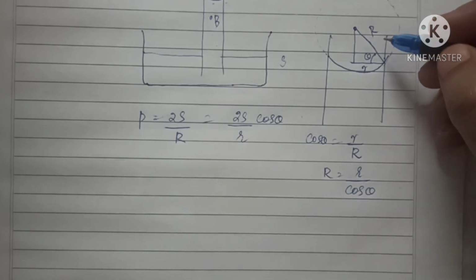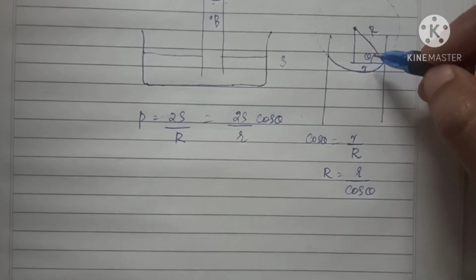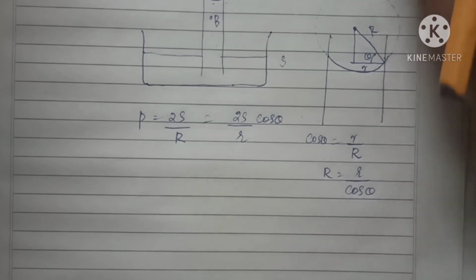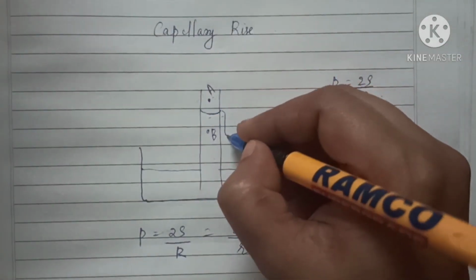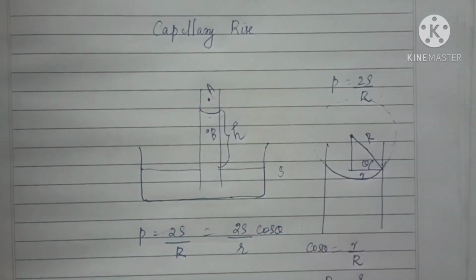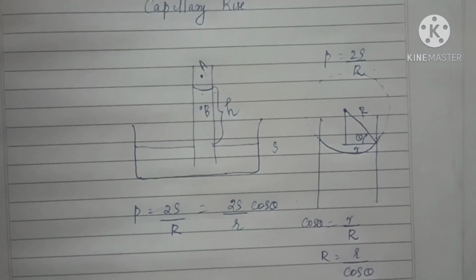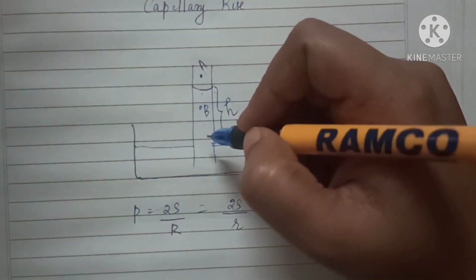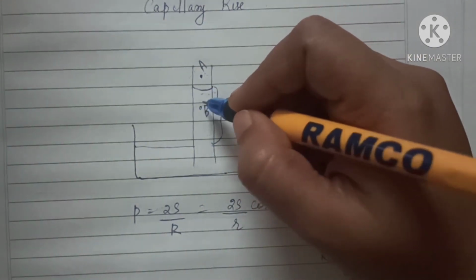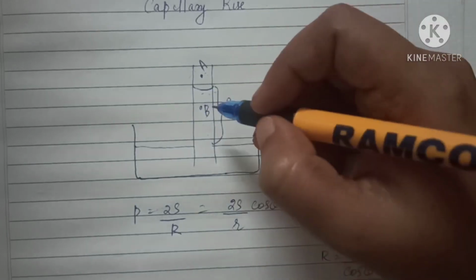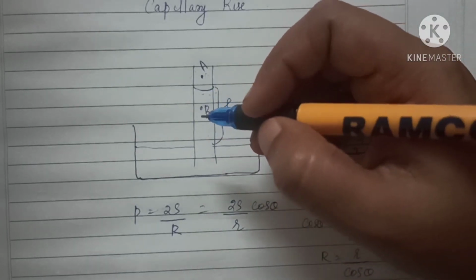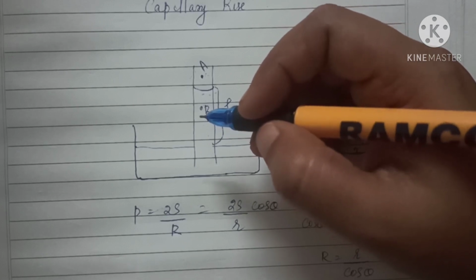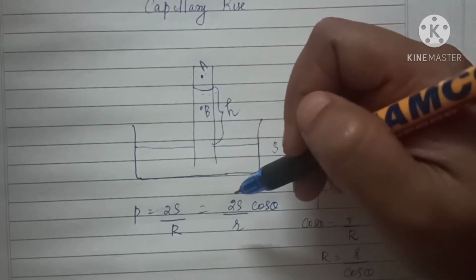So due to this excess pressure, the liquid rises in the capillary tube. Let the height of the liquid in the tube from the surface level be h. Okay. So liquid rises in the capillary tube. And up to what time does it rise? When the pressure exerted by this liquid column becomes equal to the excess pressure. The pressure exerted by the liquid column, that is h rho g, must be equal to the excess pressure.